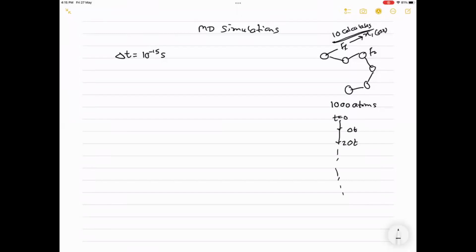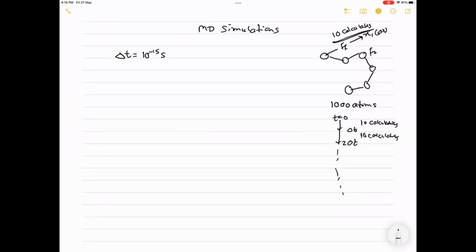And in order to go from here to here, I have to do 10 calculations. From here to here, I have to again do 10 calculations, and I have to do these 10 calculations for each of the atoms in the molecular assembly.